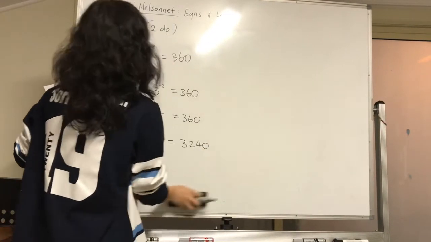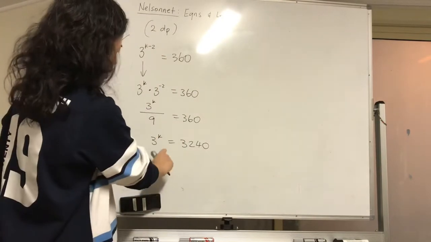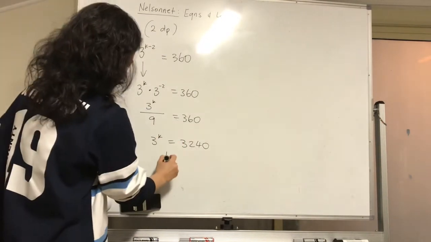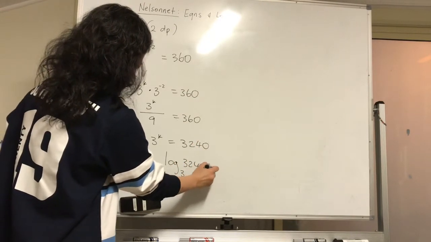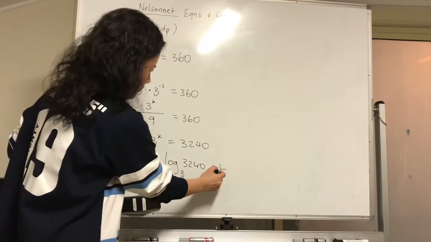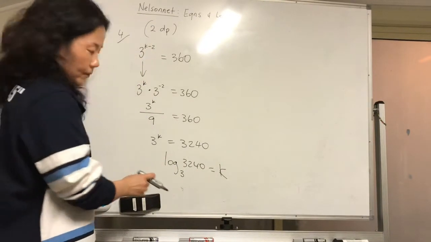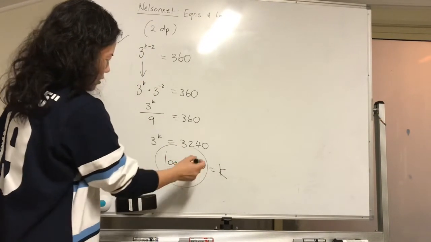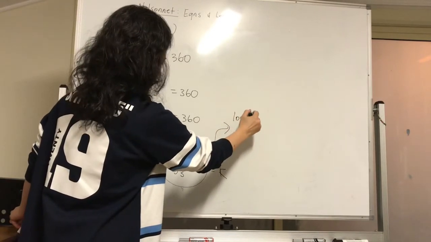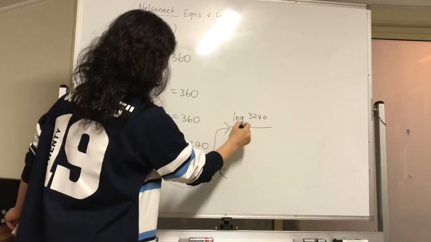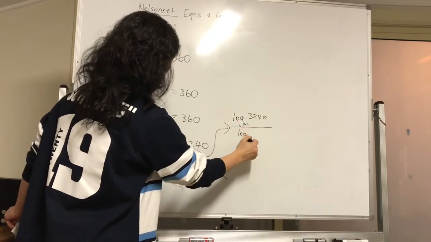We don't need to because it's 2 decimal places, isn't it? We'll change this one to log base 3 of K, isn't it? Is that right? Yeah. So put in your calculator: log 3240 divided by log base 10 of 3.